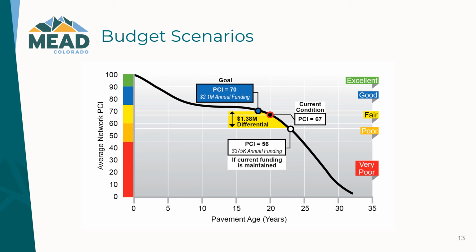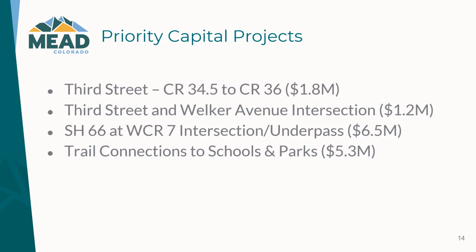I'm going to talk now a little bit about the capital needs. We'll look at each of these individually in a moment, but just a quick summary. We have in the capital project list 3rd Street from 34.5 to County Road 36, that's 1.8 million. 3rd Street and Welker Avenue intersection, 1.2 million.